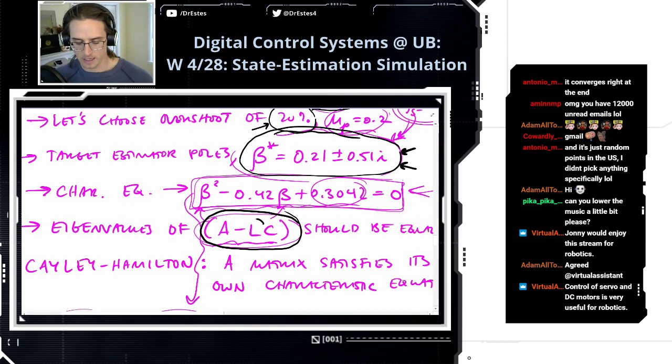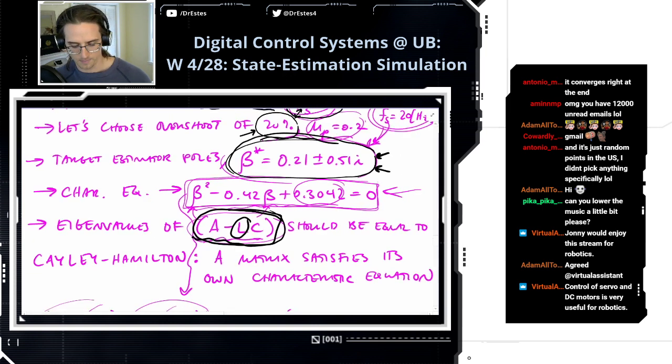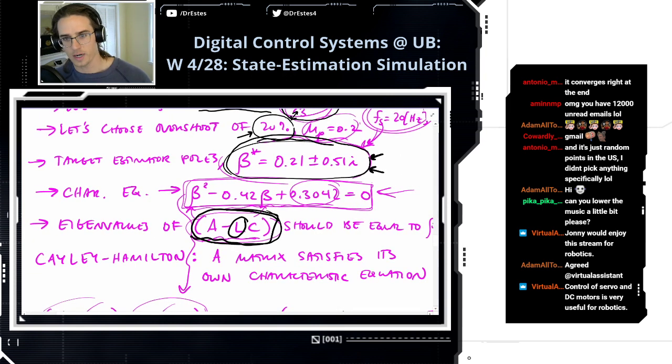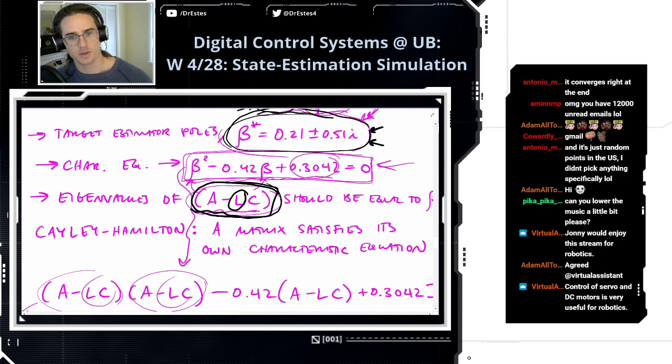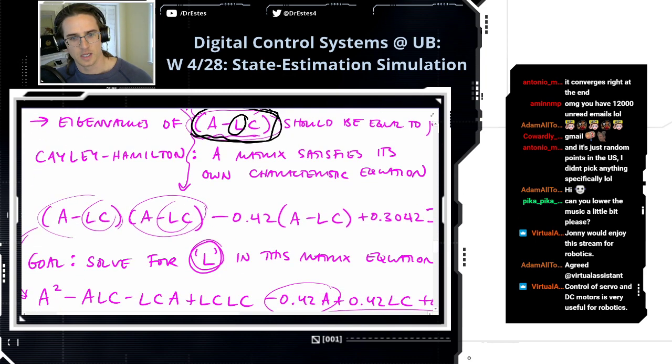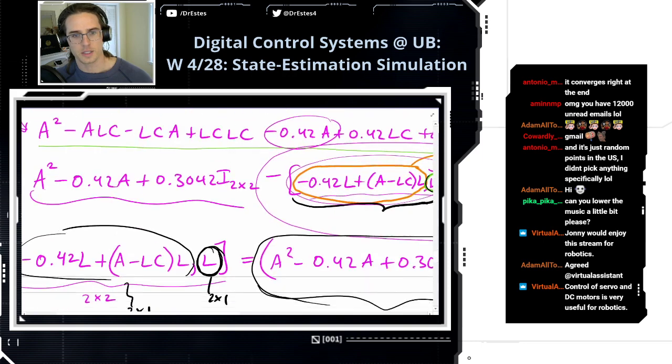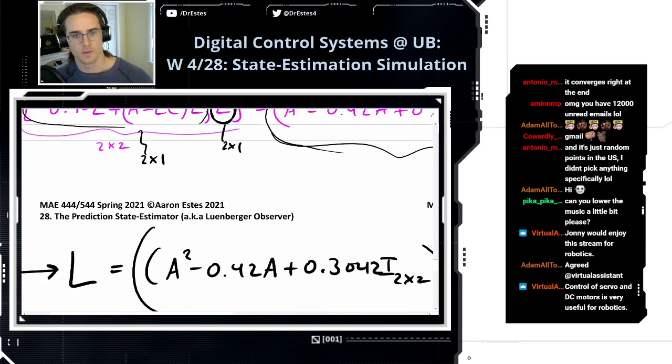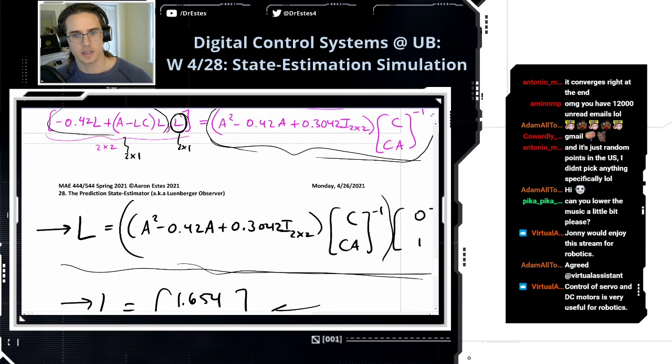And so you have to calculate L so that the eigenvalues of this matrix are equal to this. I know I'm quickly blasting through this. I know this is all very fresh, so I don't expect this to have totally sunk in yet. But anyways, we came up with this equation at the end.